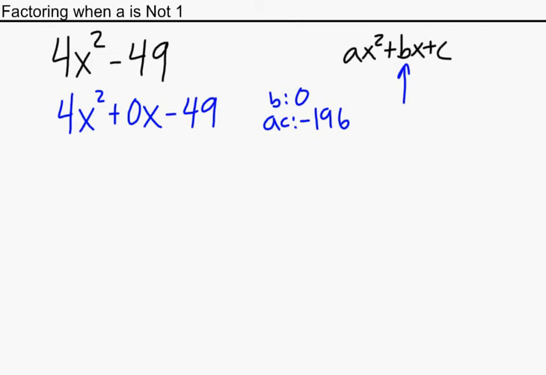I know it has to be the same number, positive and negative, so I can take the square root of positive 196 and realize my 2 numbers are 14s, and one of them has to be negative. It's a little quicker than going through all of the different options.